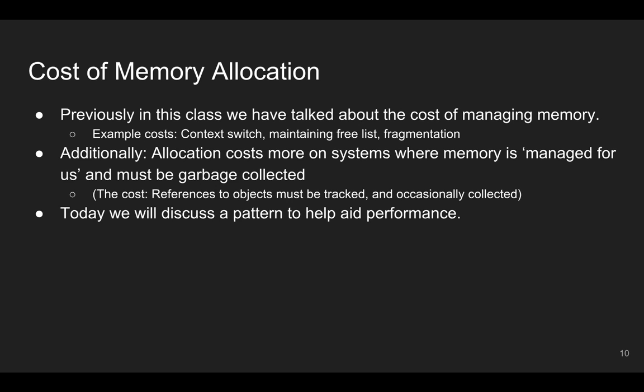Okay, so those are costs. So anything we can do to aid performance when allocating memory is a good thing, especially in games. And today's pattern is really the mantra, or maybe all-encompassing theme, of game development that just says allocate memory up front as much as you can and then try not to allocate ever again. Okay.